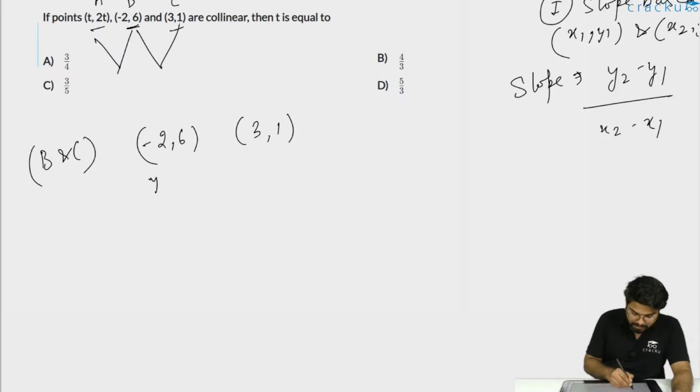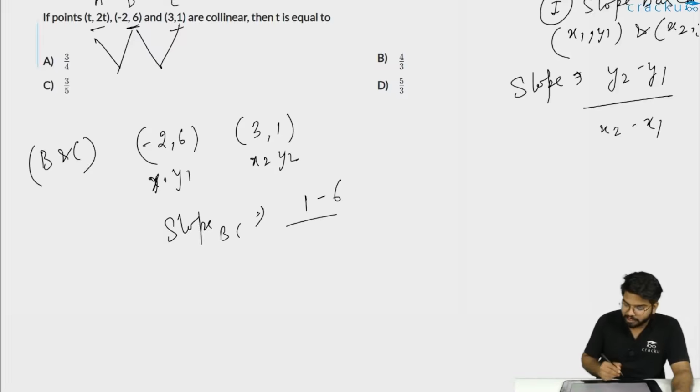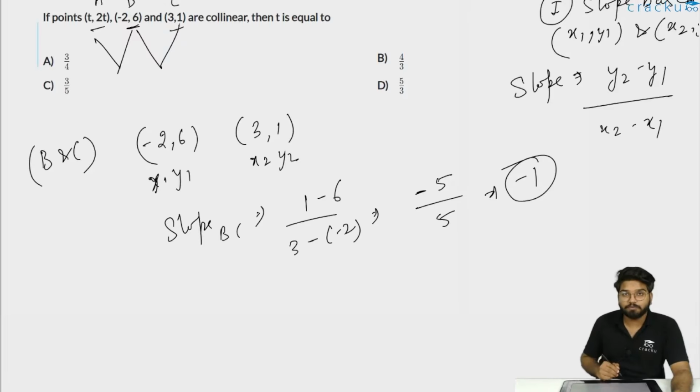Let's say this is x1, y1 and this is x2, y2. So the slope BC is y2 minus y1, that is 1 minus 6, divided by x2 minus x1, that is 3 minus minus 2. This will be minus 5 divided by 5, which is equal to minus 1. So the slope of the line on which B and C lie is equal to minus 1.